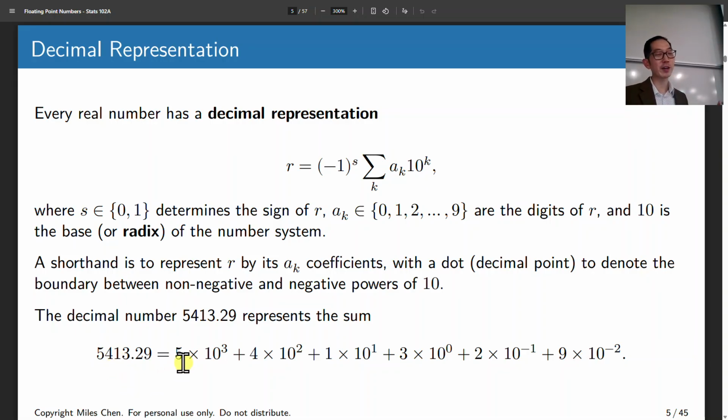This represents 5 thousands, 4 hundreds, 1 ten, 3 ones, 2 tenths, and 9 hundredths, and this represents the sum of all of these things. That's what this is supposed to say. It's the sum of different powers of 10 multiplied by different digits, and then you have a sign to say whether it's positive or negative.